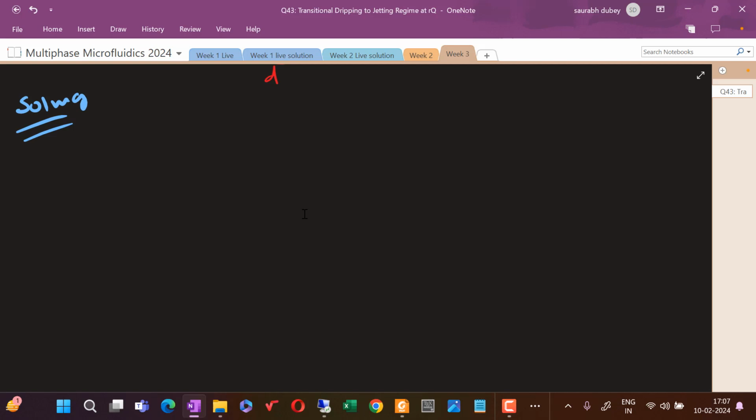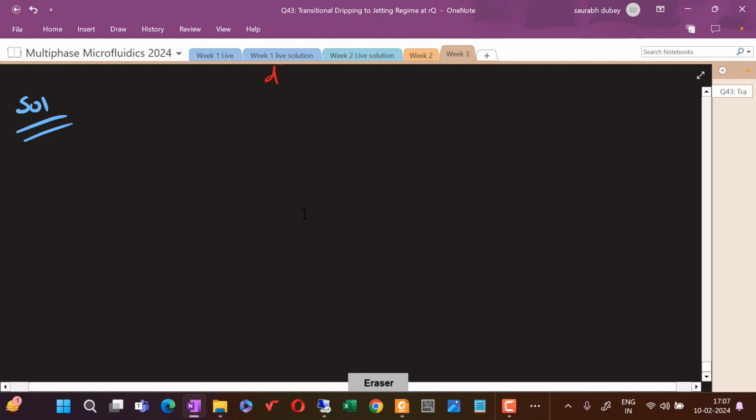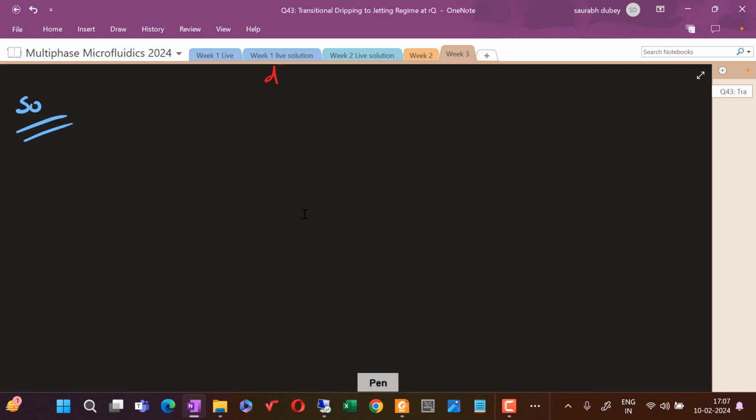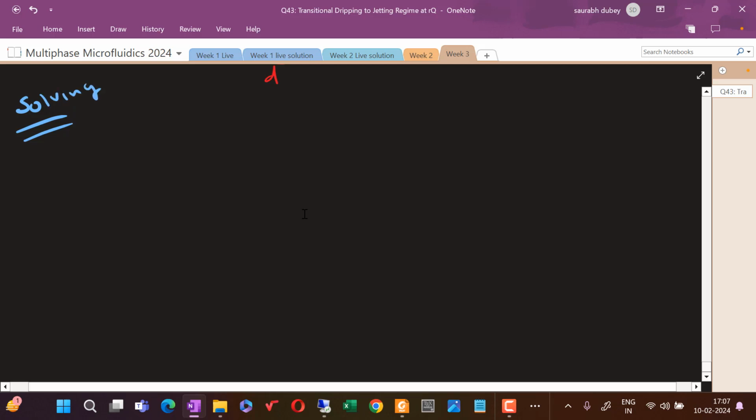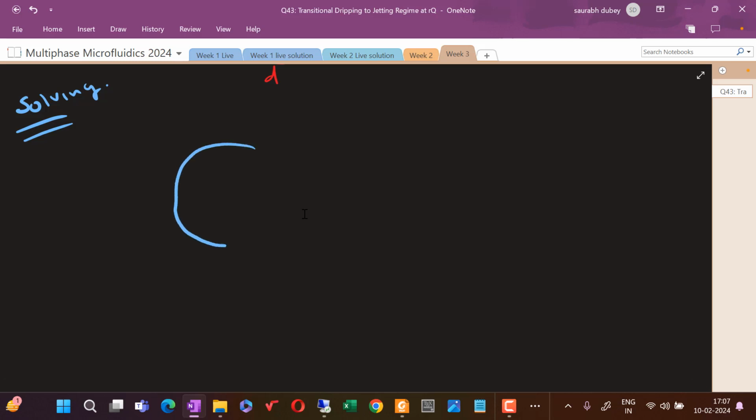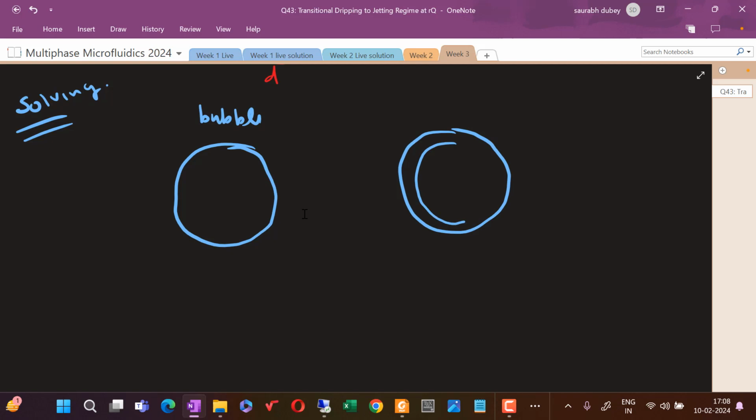Solving now. So let's solve it. Suppose this is your bubble. When you cut it, there will be some outer diameter and some inner diameter if the bubble is of slight thickness.